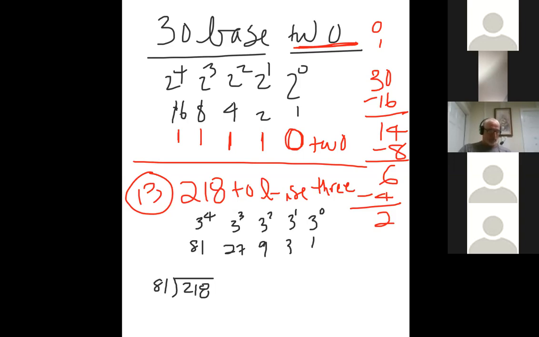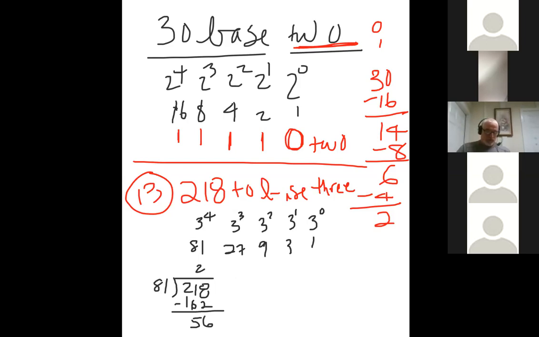So 81 goes into 218 2 times. 2 times 81 is 162, guys. So if you take the 218 and subtract 162, what does that leave you with? 56. Yep. Okay.